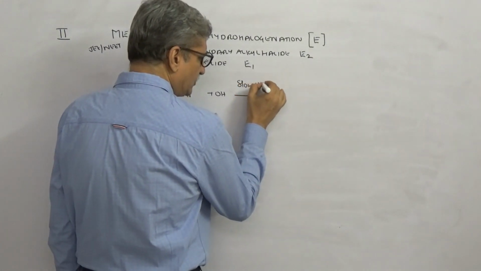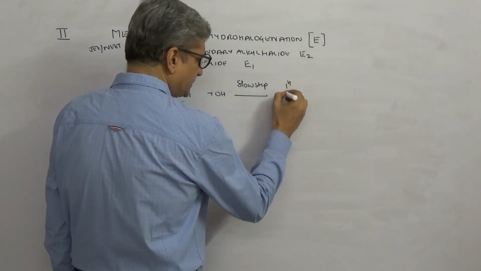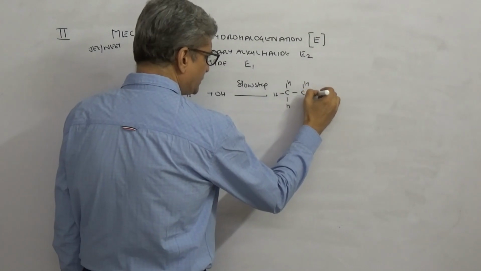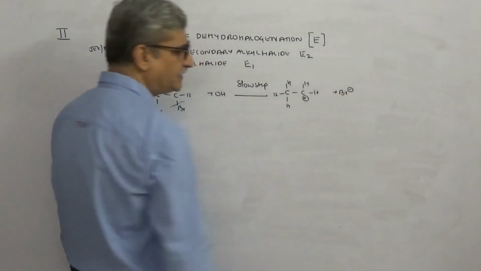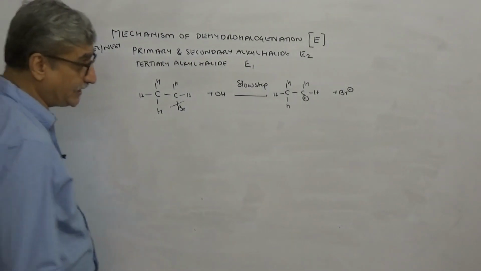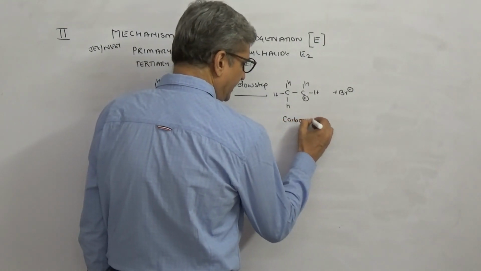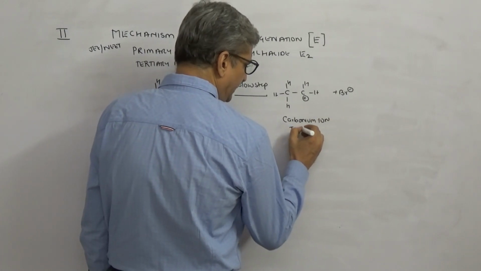So in the slow step you have CH3CH2 plus and Br minus. Then this will be a carbonium ion intermediate.